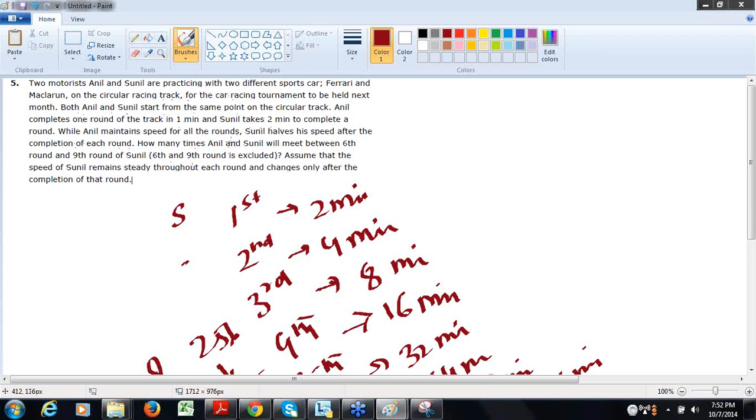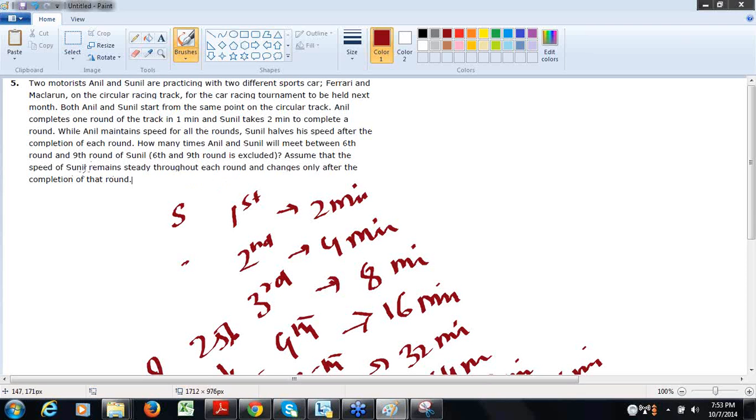Anil maintains the same speed throughout all the rounds. Time for Anil is 1 minute every round. But Sunil halves his speed every round, so he halves his speed, that means he doubles his time. How many times Anil and Sunil will meet between 6th and 9th round? That means how many times they will meet in 7th and 8th round.